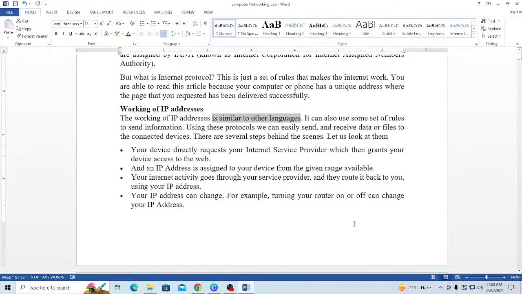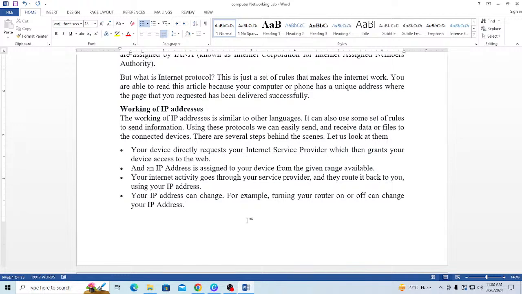Some rules are maintained, and based on those rules they send the information. Whatever languages are there, we have to communicate with the same languages and rules. These rules are related to the ISO layers rules.